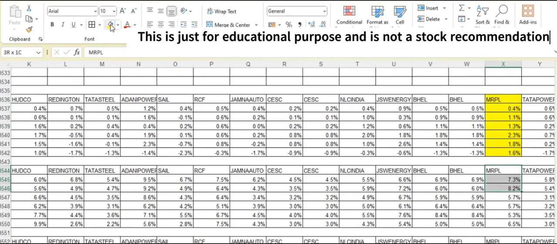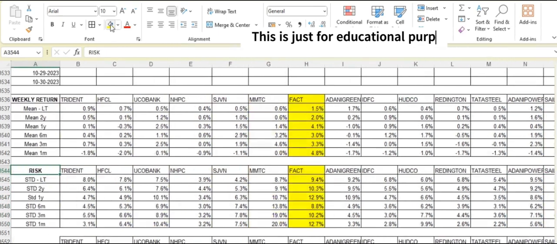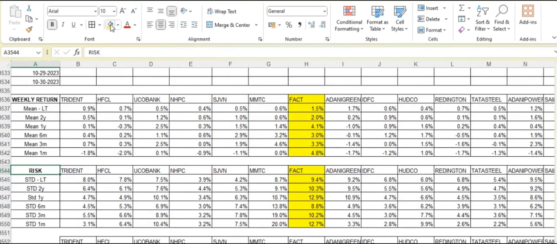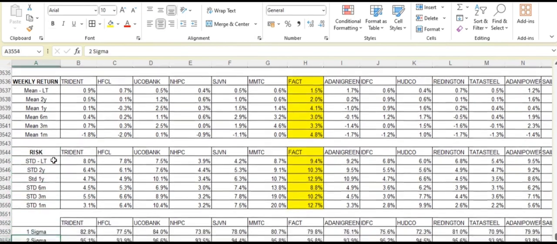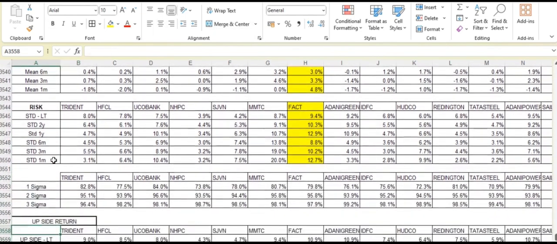Now, before we jump into the creation of the portfolio, I had said we will have to validate whether these two stocks follow a standard normal distribution. For us to ascertain that, let's move down and see how the 1 sigma, the 2 sigma and the 3 sigma rules are distributed.